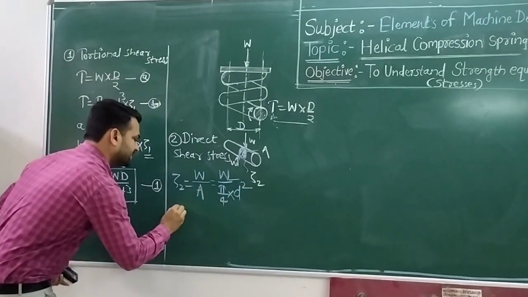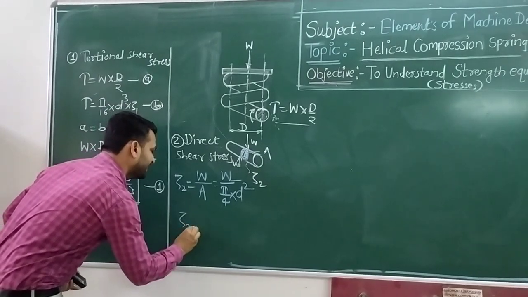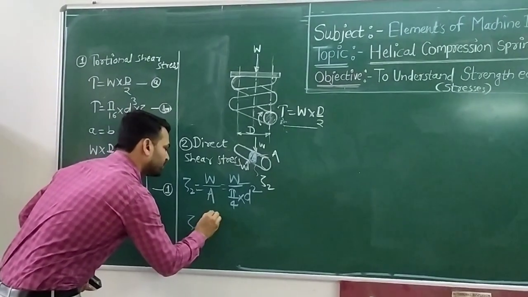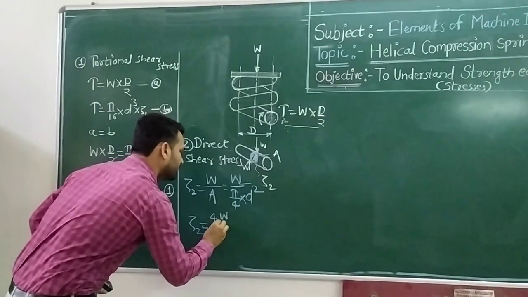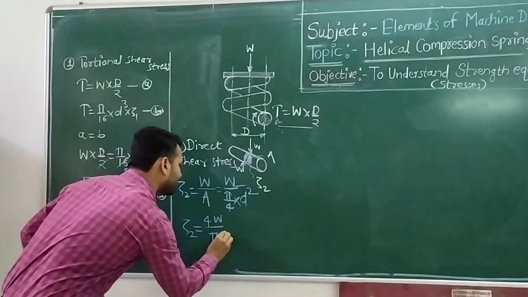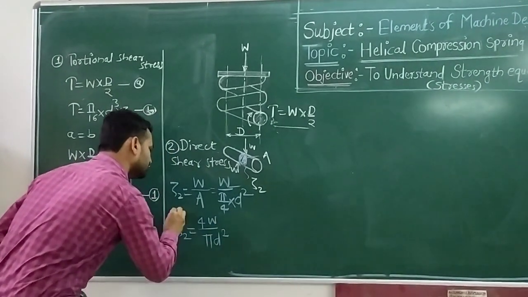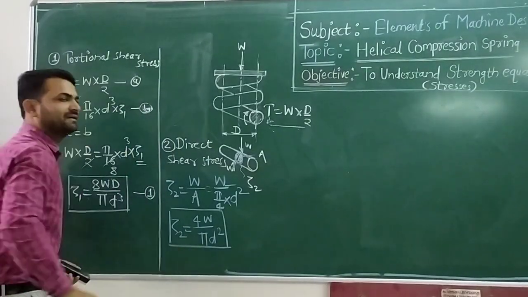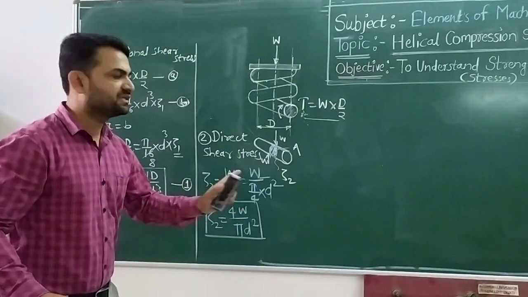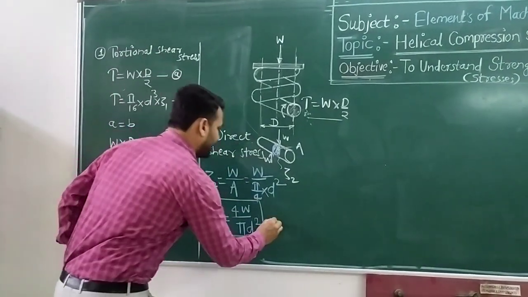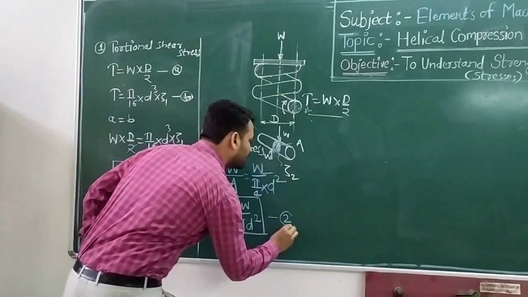So by simplification we can write tau 2 equal to 4W divided by pi d square. This is the equation of direct stress acting on the spring, and I am calling it equation number 2.